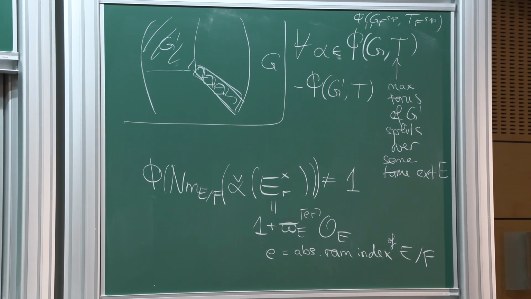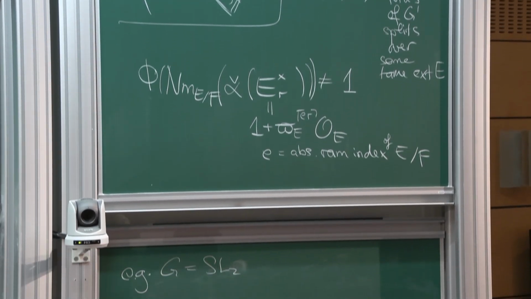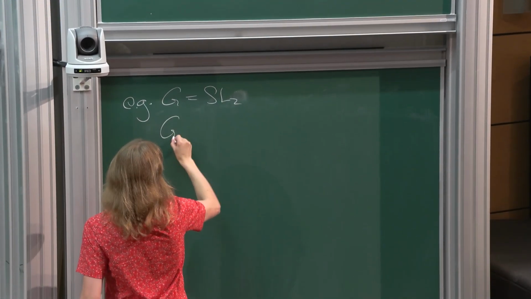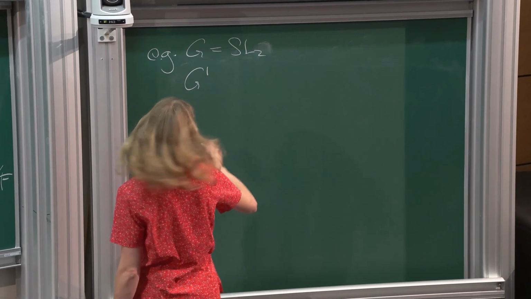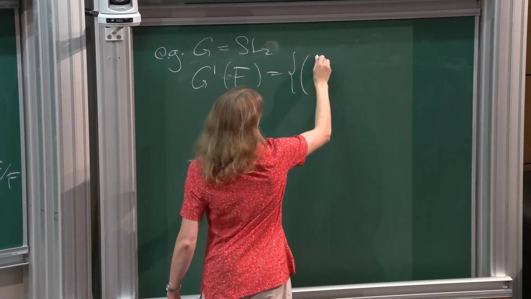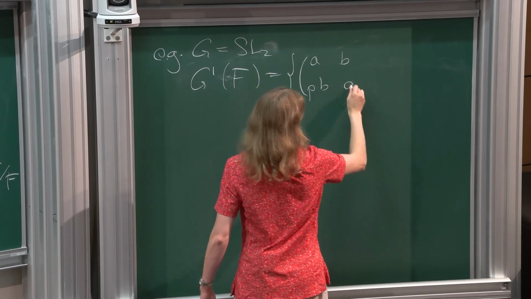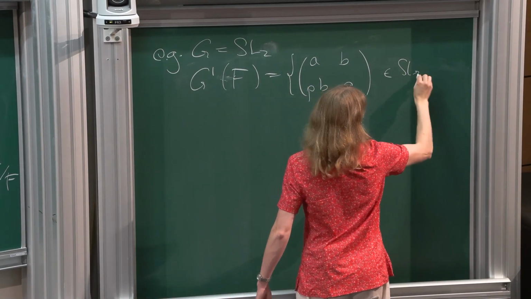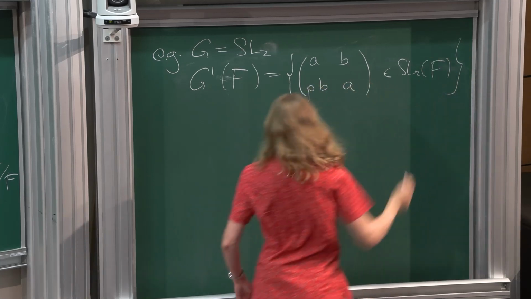Let me give you just an example. My favorite example is if G is equal to SL2 and G prime is over there. Let me just say these are (a, b; ϖb, a) inside SL2(F).